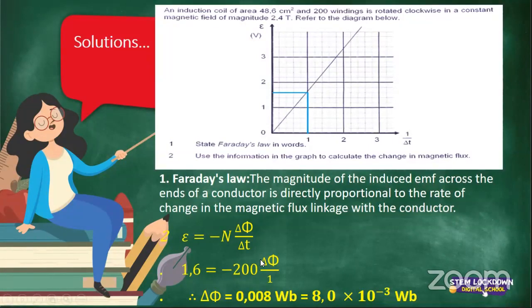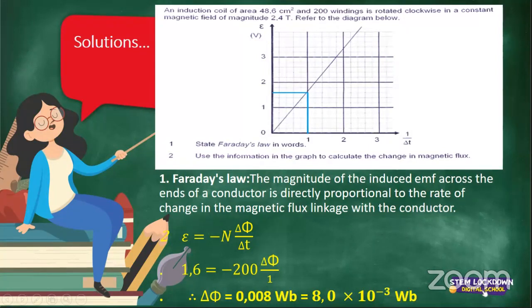Then if you cross multiply, you would multiply each side by 1 and then divide by 200. You should be getting 0.008, and magnetic flux is measured in Weber.